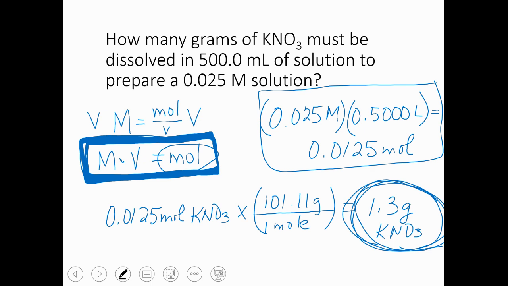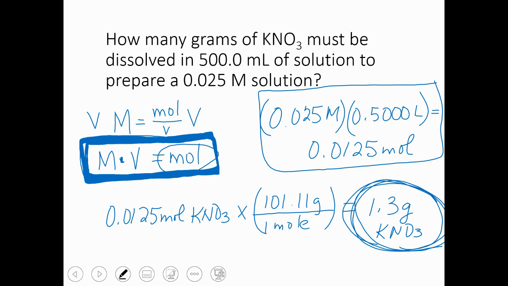This is an important concept because sometimes, and we're going to do this in the next unit, you can take what's called a stock solution, which is a solution of a certain molarity, and you can add water to water it down and make a new molarity.